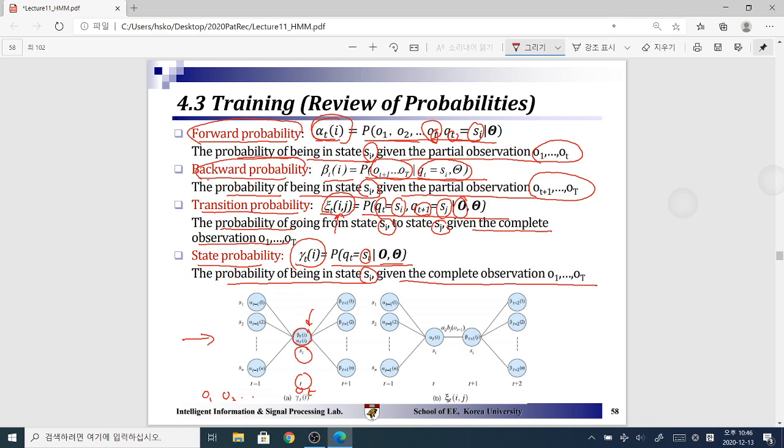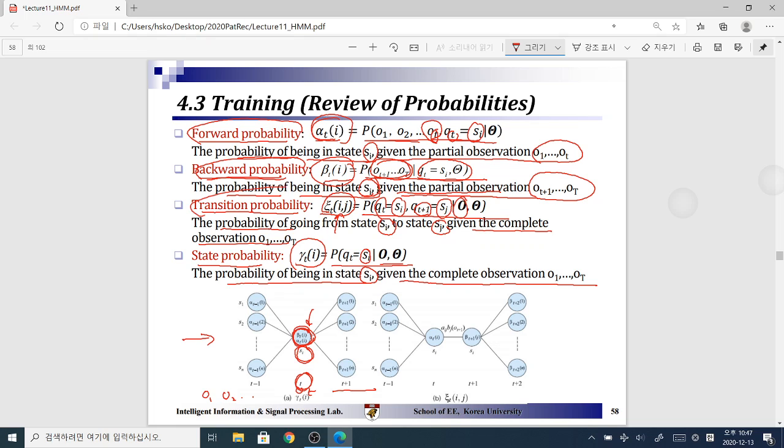Similarly, the backward probability, at this particular node, once again denoted by beta sub t of i, indicates the probability of being in state i at time t given the partial observations at the tail end, from t plus 1 to O_T.